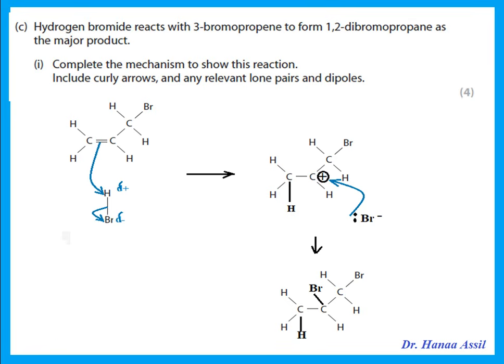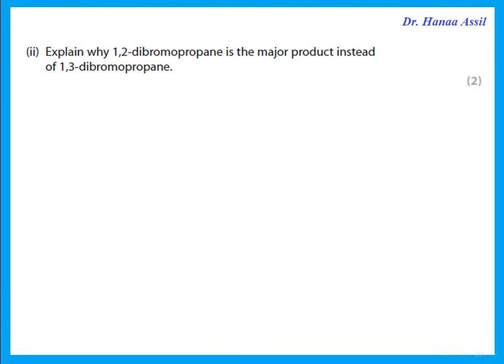What would be the minor product? Remember, we had a choice of putting the carbocation on that second carbon in the middle. In this case, this is a secondary carbocation, or I could have put the hydrogen in the middle so that the carbocation is on the carbon at the end, and that would be a primary carbocation. And we need to remember the question: why is it that the 1,2-dibromo is the major product?